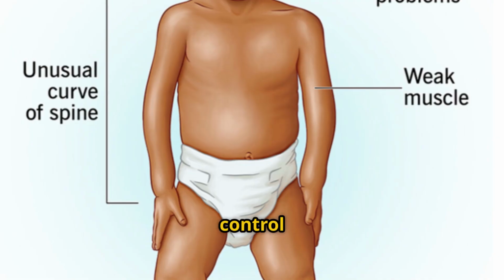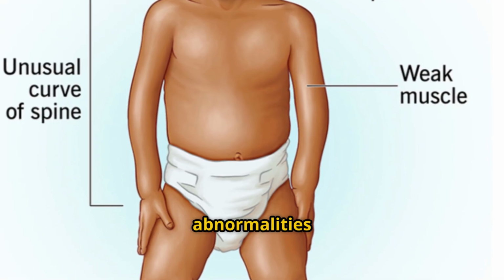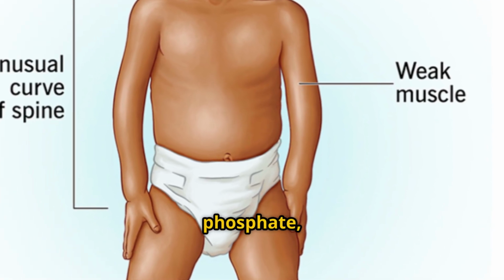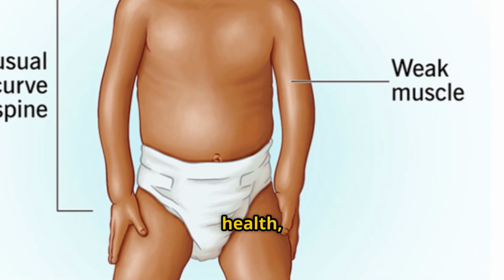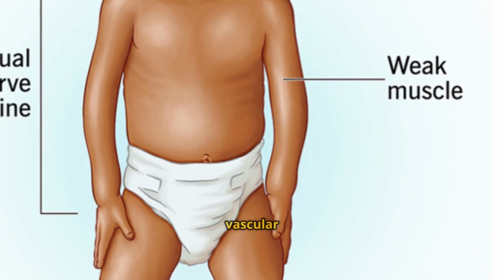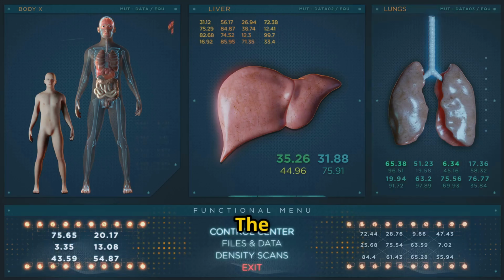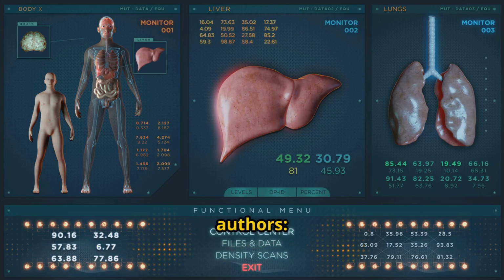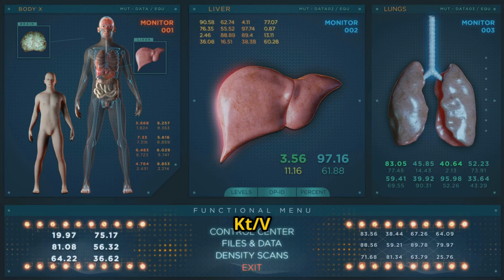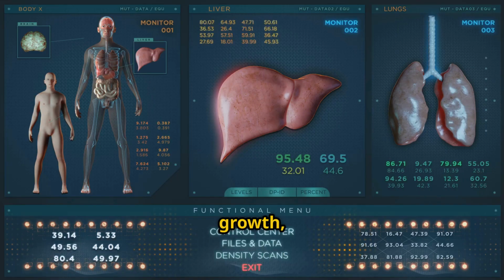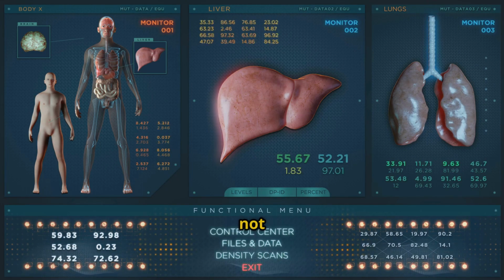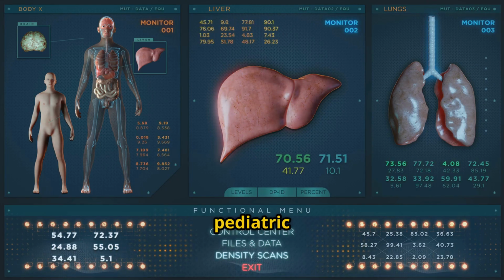Mineral bone disorder control: abnormalities in calcium, phosphate, and PTH impact bone health, growth, and vascular calcification. The key message from the authors: a good Kt/V with poor blood pressure, poor growth, or repeated hospitalizations is not adequate dialysis in any meaningful pediatric sense.